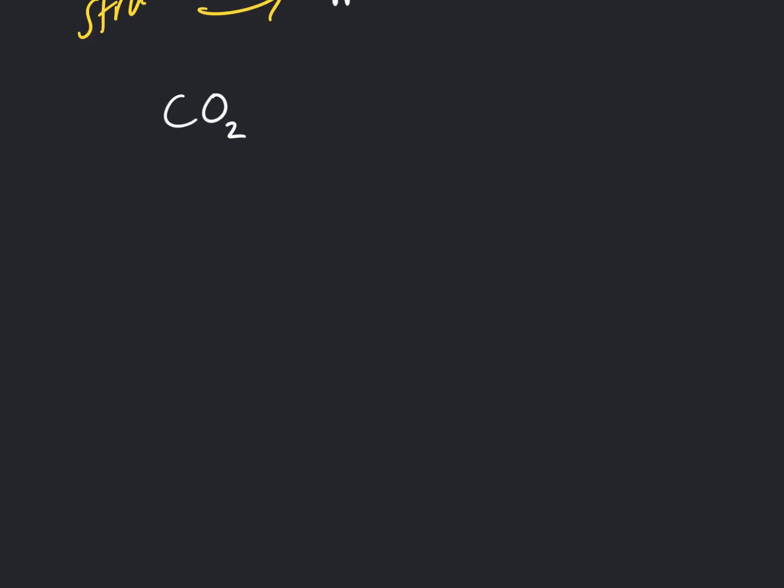And here comes something important. I want to talk to you guys about some rules of thumb that you can always follow when drawing out these Lewis dot structures. Here are some rules of thumb. Carbon, for one, is always going to have 4 bonds to it, okay?